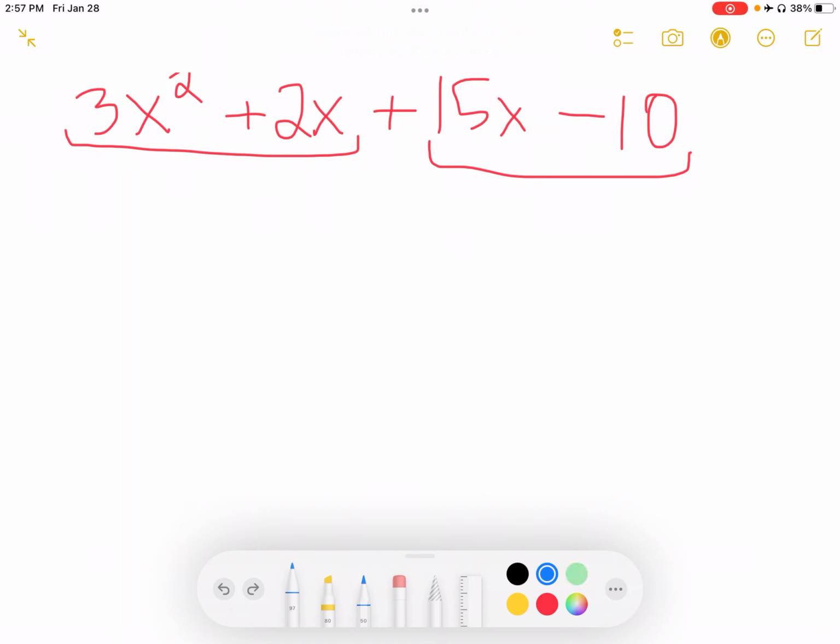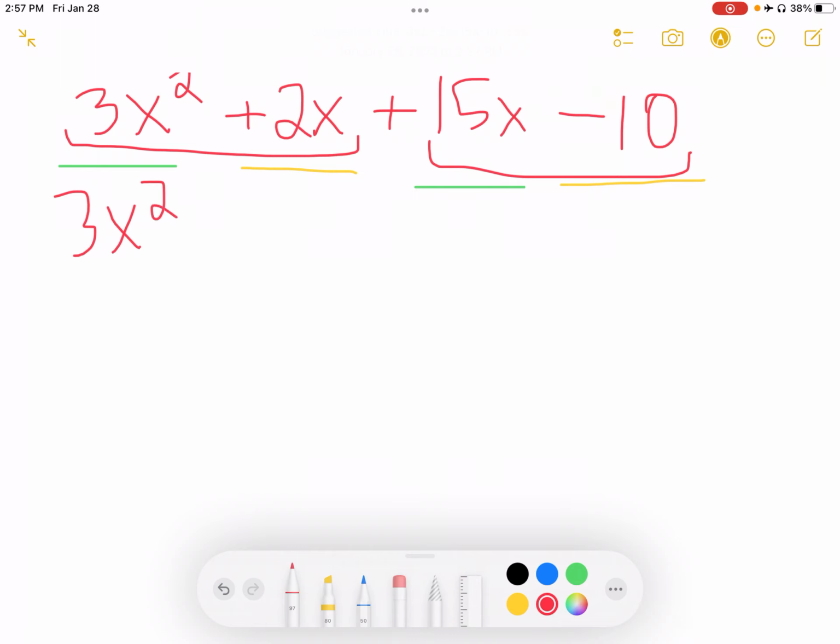So now I'd want to think of it like this. So I'd think of, okay, what are two terms that have common factors? So actually it'd be 3x squared here, and then 15x here. And then I think that 2x and 10 have common factors, right? So then that would lead me to right away go ahead and write this in a different order, right?